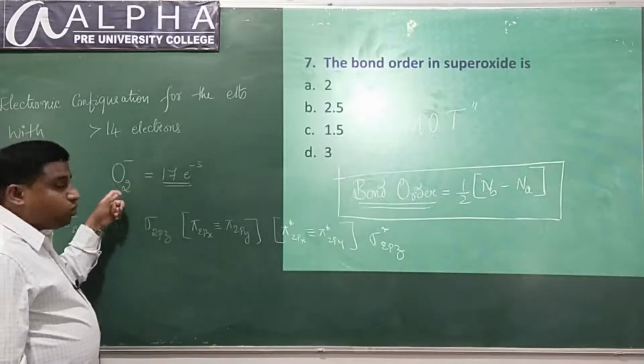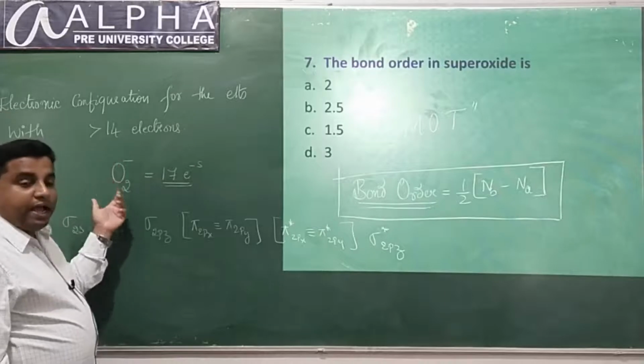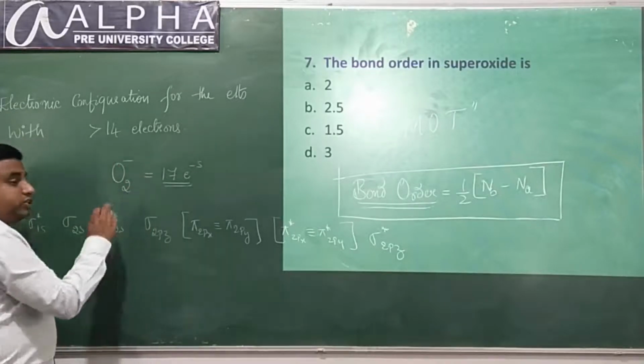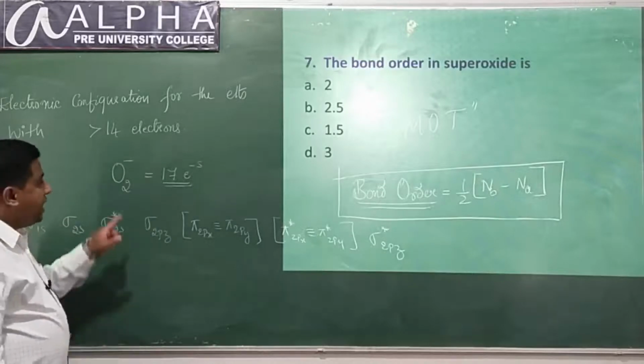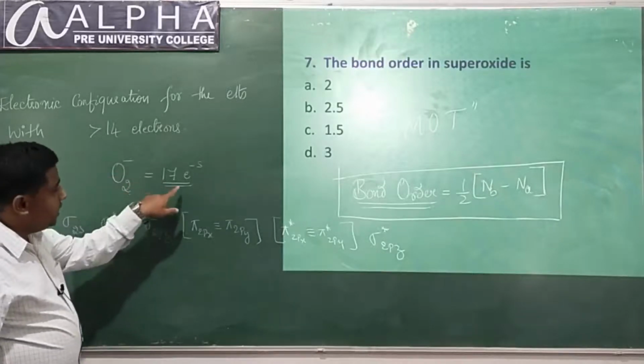So superoxide, O2 minus, has 17 electrons. How? One oxygen has 8 electrons, the other oxygen has 8 electrons, 8 plus 8 is 16, and there is one negative charge, 16 plus 1, 17 electrons.